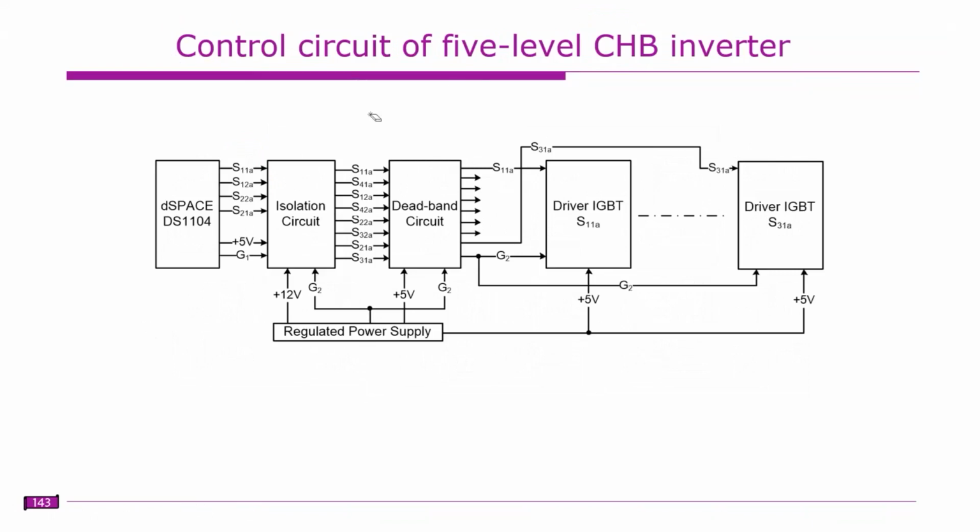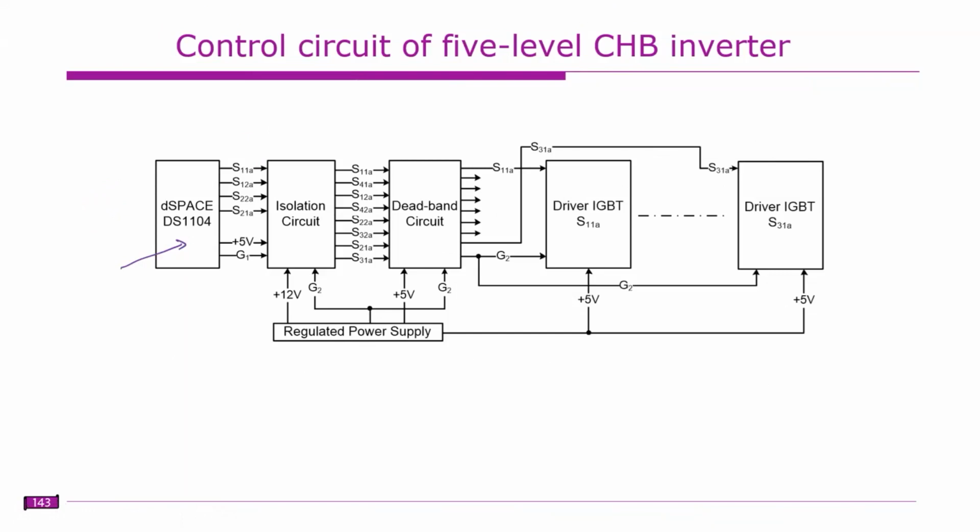We assume that the control signals are generated from the DSpace. It may be DSpace, or it may be DSP, or it may be FPGA. We can use any of those, right? If we assume DSpace, here only one signal is generated.